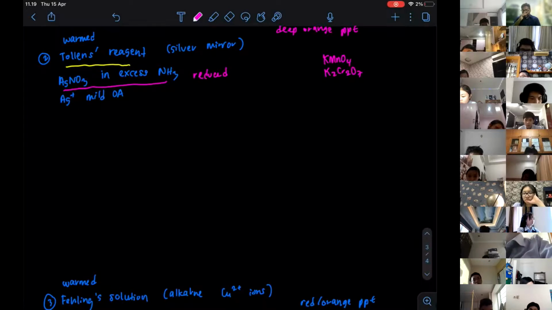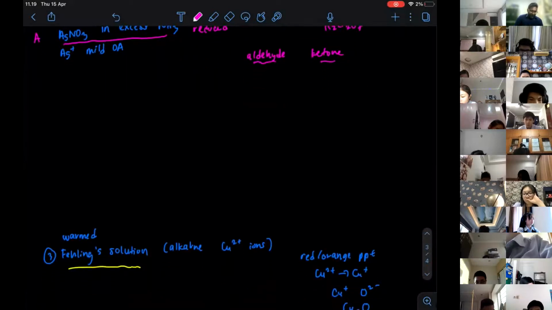I just want to ask you, between aldehyde and ketone, which one can be oxidized? Kevin, which one do you think will be oxidized? Aldehyde. Yes, very good. Ketone cannot be oxidized. It means that a positive test will be for aldehyde. Ketone will give you a negative test.